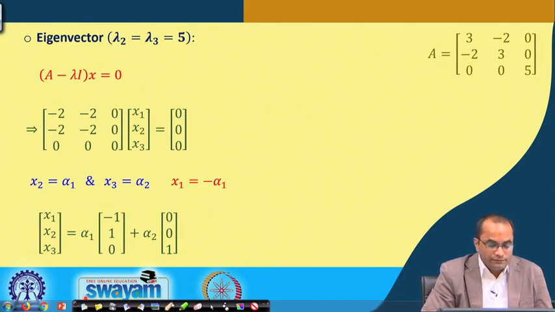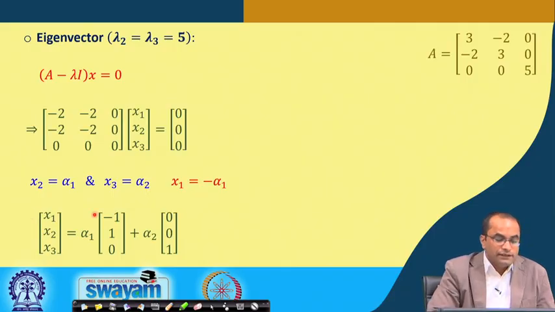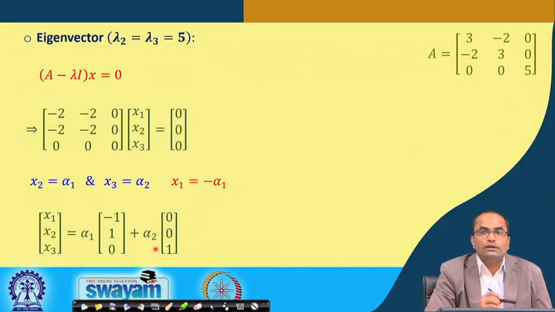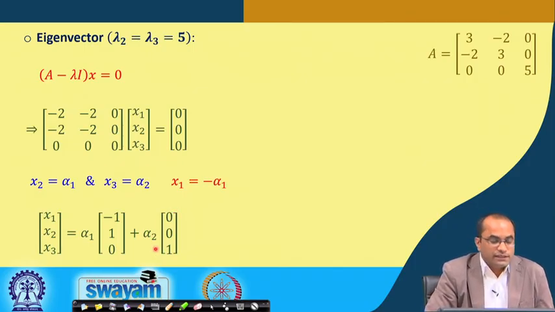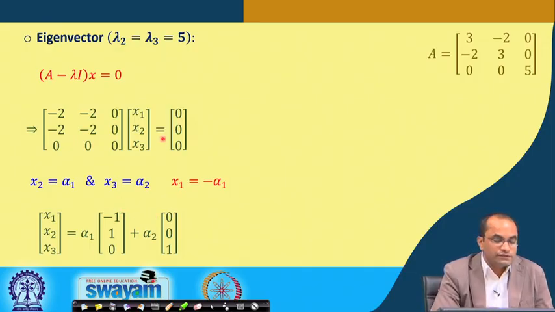So, here we have these two generators, minus 1 1 0 and, for alpha 2, 0 0 1. What do we observe in this case? Each one is satisfying the given system of equations.